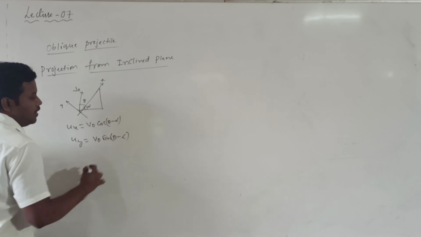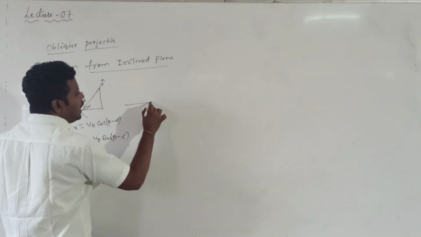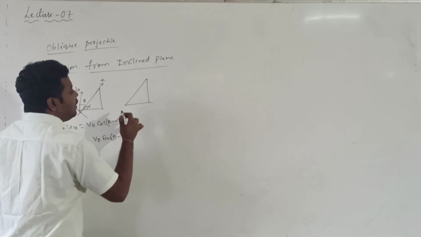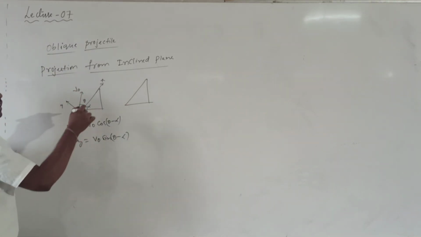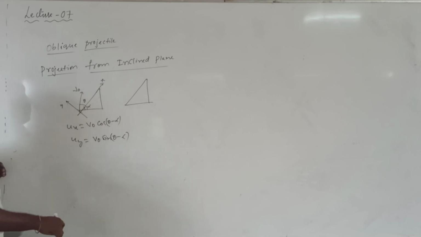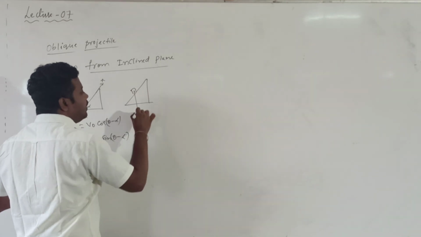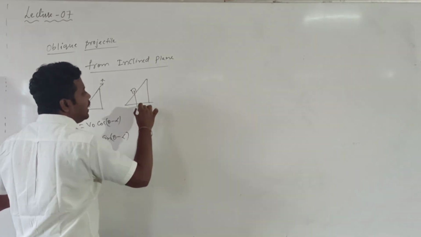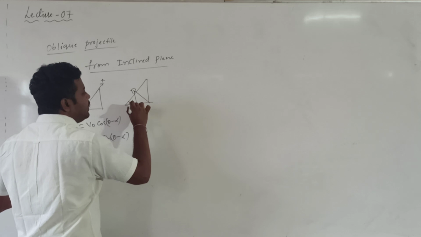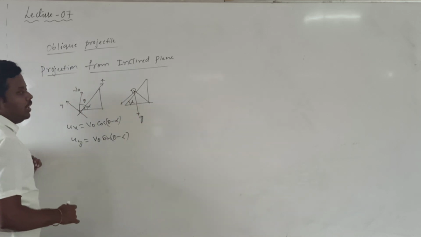Right? Similarly, what about the acceleration due to gravity? For projection from the level ground, the acceleration is 0 along the horizontal direction. But here it is not like that. Whenever a body is here, its acceleration due to gravity acts downward like this. So the acceleration due to gravity, with this angle alpha, can be resolved into components.